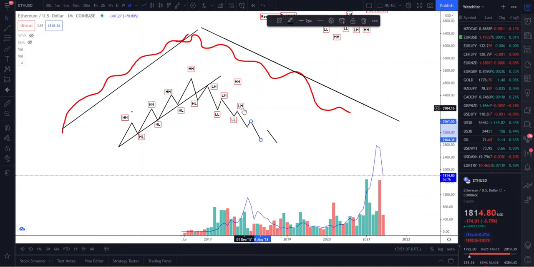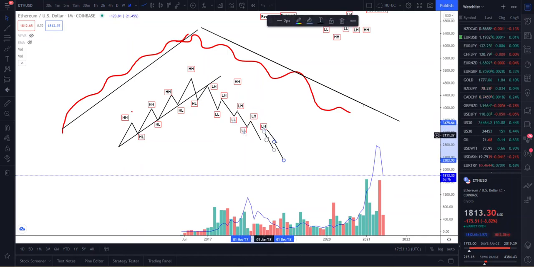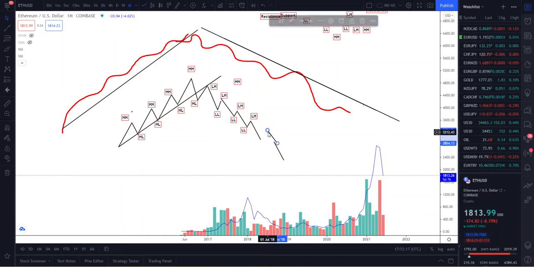So this is going to be a lower high, this is going to be a lower low. All right, let me delete this. So this is how the price moves.